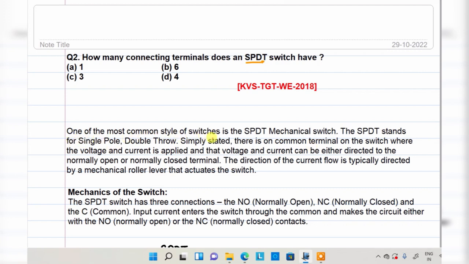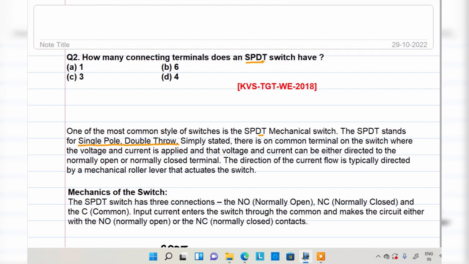It is the most common style of switch, the SPDT mechanism switch. SPDT stands for single pole double throw. Simply stated, the common terminal on the switch is where the voltage and current are applied, and the voltage and current can be directed to either the normally open or normally closed terminal.